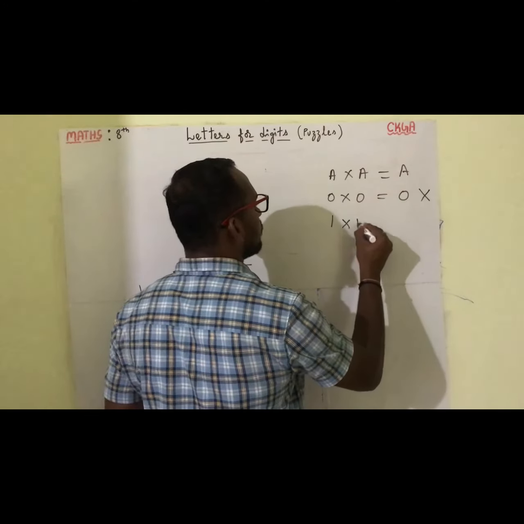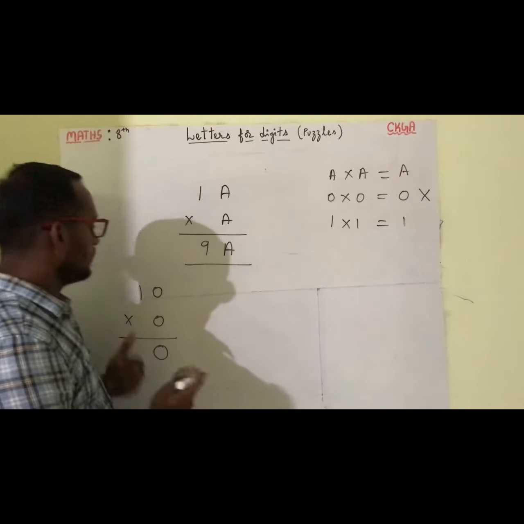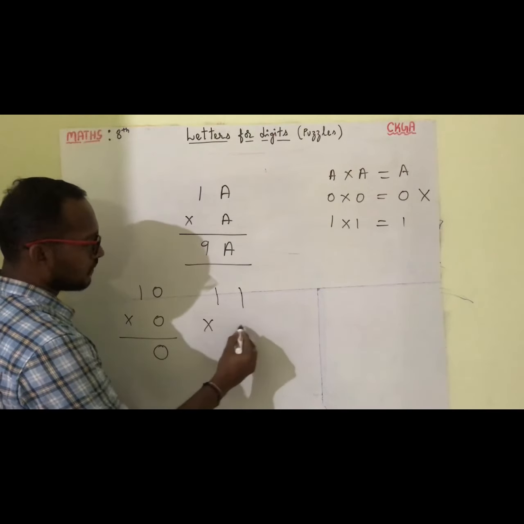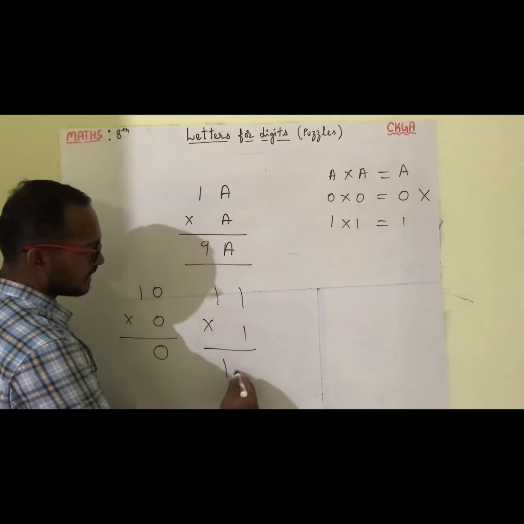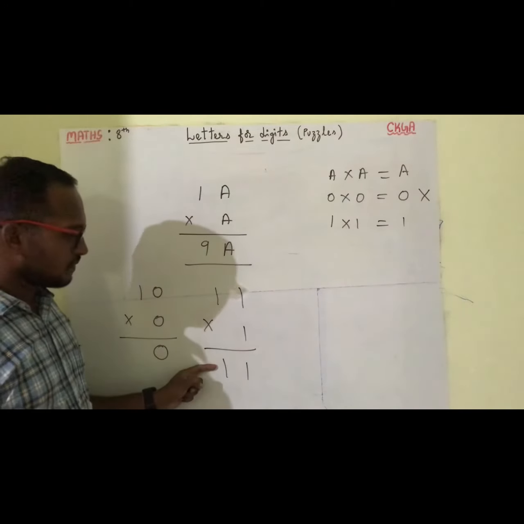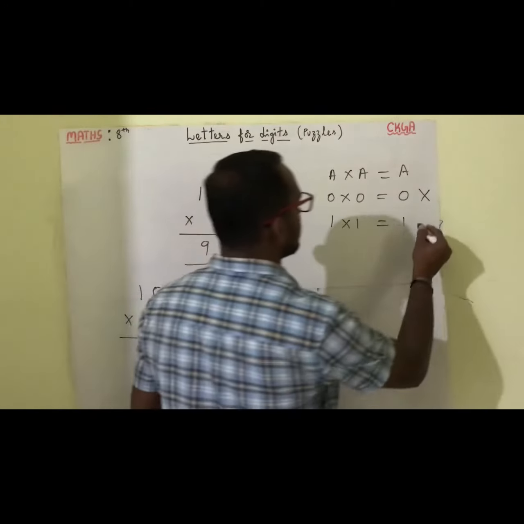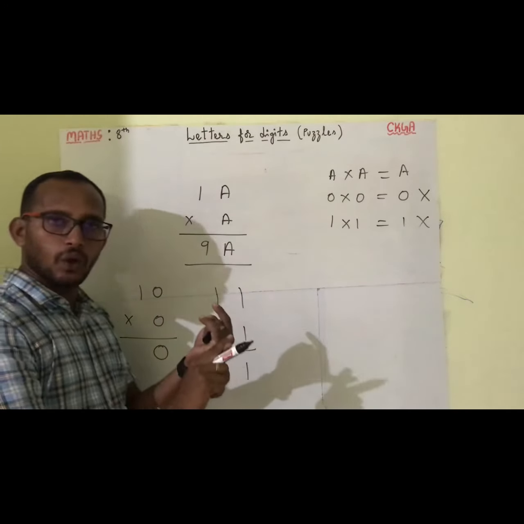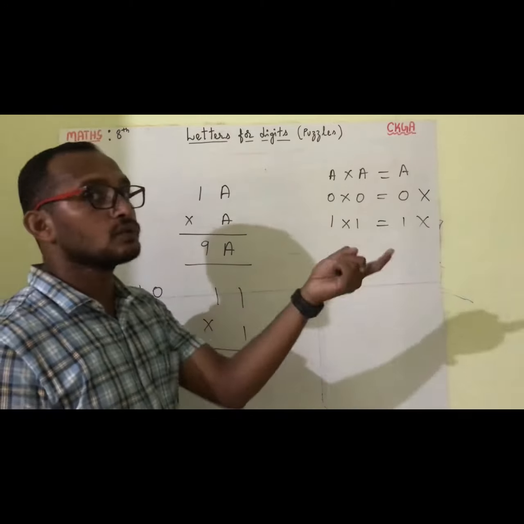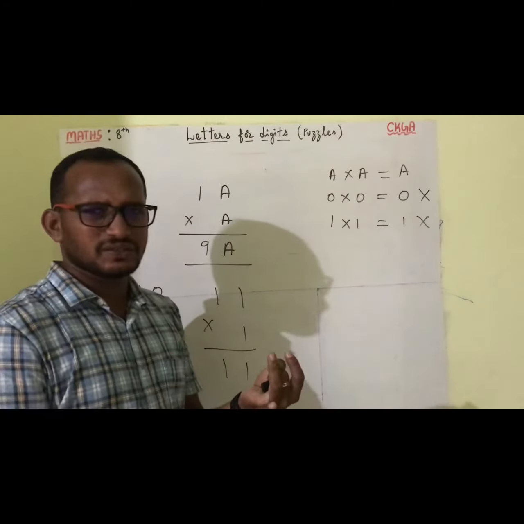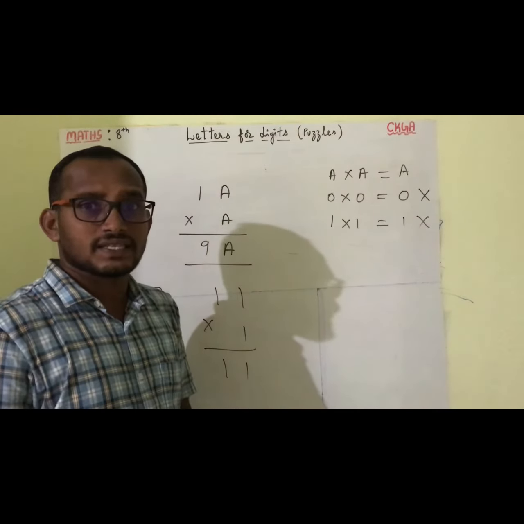1 into 1 equals 1. The second possibility is 1 into 1. 11 ones are 11, but actually you need 9 in the tens position. So even this is not possible. Let's see what's next. 2 into 2 will get 4, but 2 will never repeat. If you keep on doing like this, 3 into 3, 9; 4 into 4, 16.